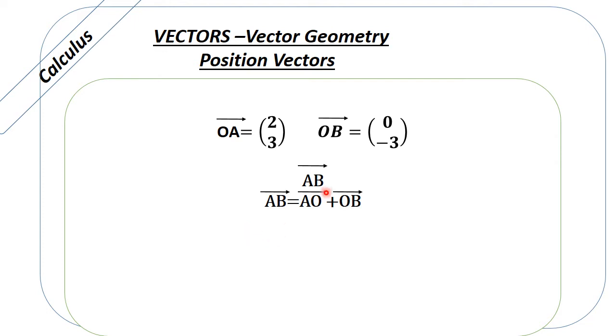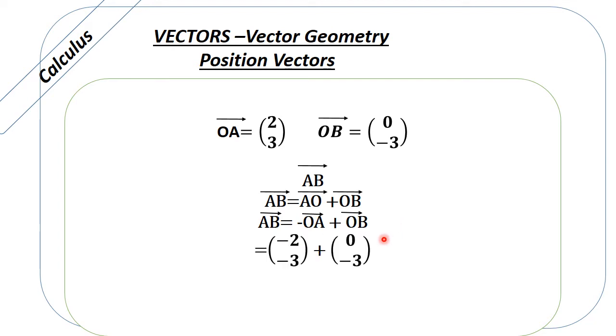So you should have AO somewhere. Do we have AO? AO is just the opposite of OA. AO is the negative of OA. What about OB? OB is the one which you have been given. So AO is just negative OA, but OB is the same.